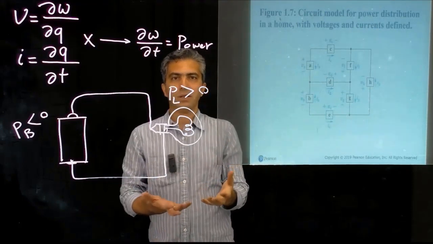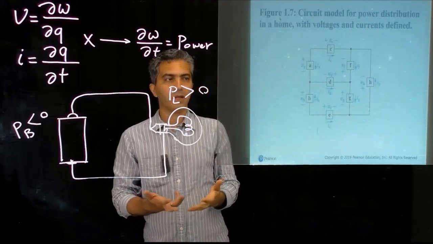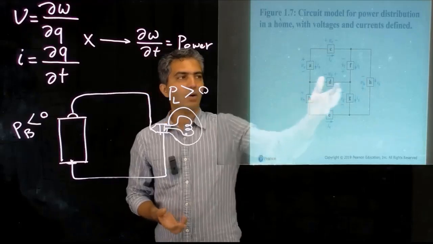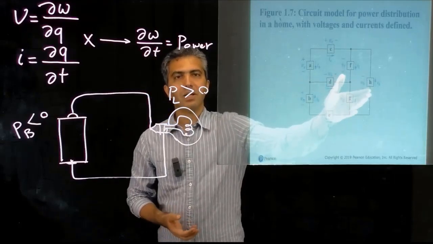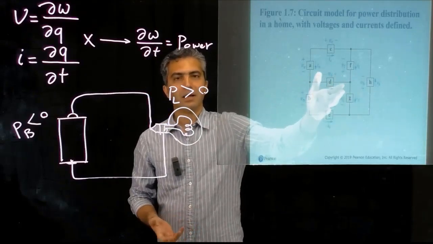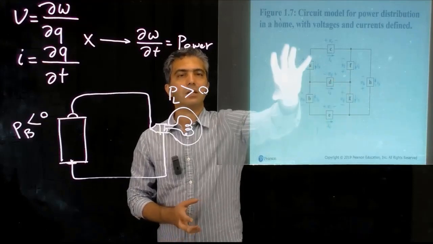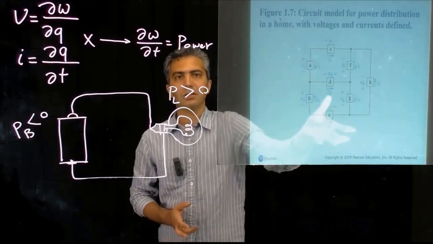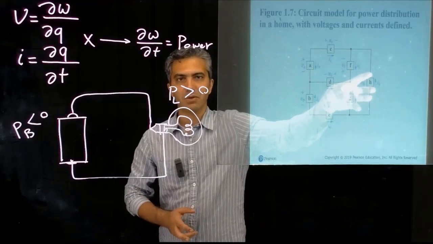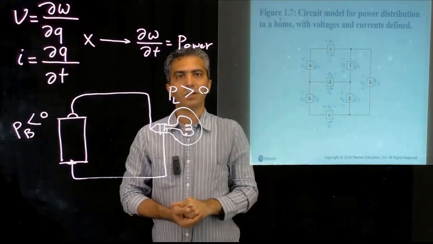Now, we know that the energy doesn't come from nowhere and it doesn't disappear. So all the energy that is generated within this system has to be confined within the system, meaning that the energy that is generated is going to be consumed.